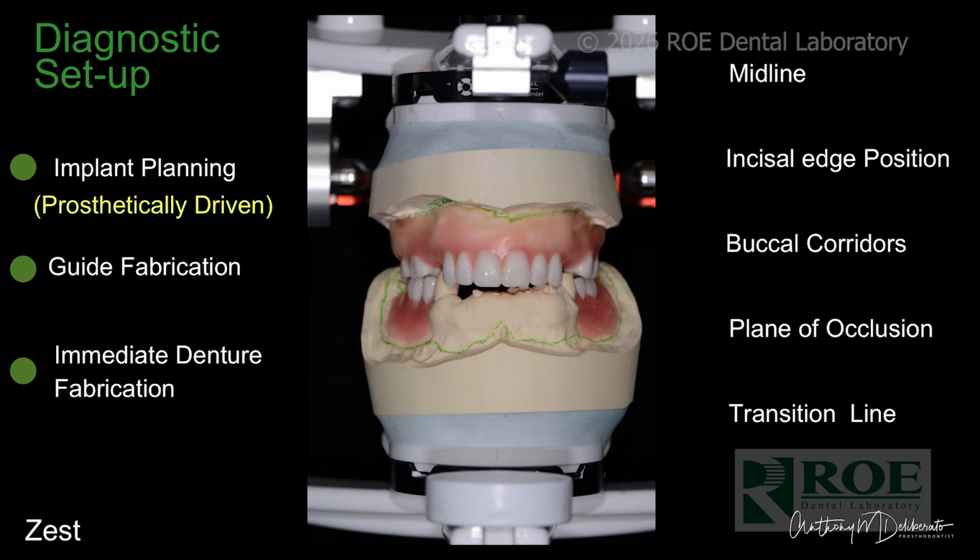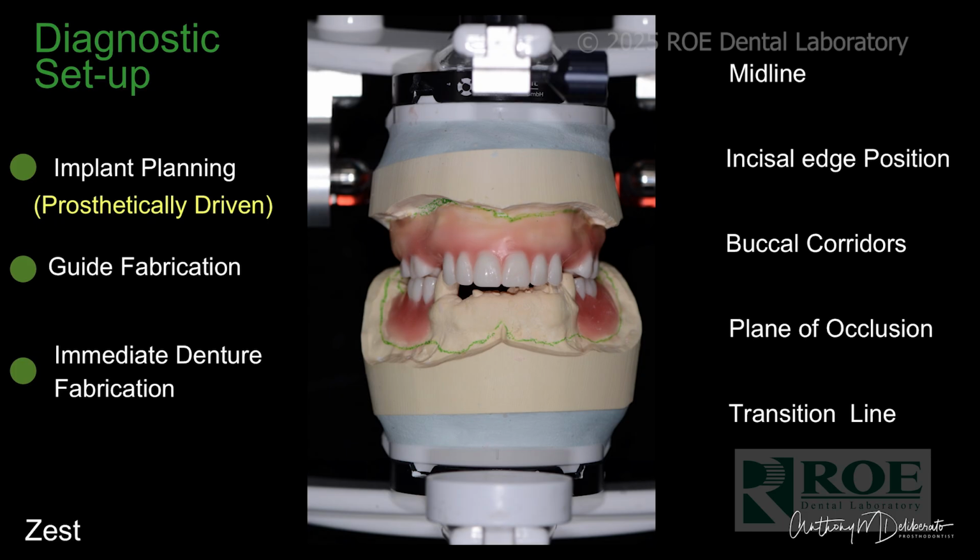So we do our setup, we establish our midline, our incisal edge position, our buccal corridors based on the photographs that we've taken, establish our plane of occlusion, and make sure we understand where his transition line is. And then with these models, we are going to be able to plan our implant positions because we're not touching those lower teeth.